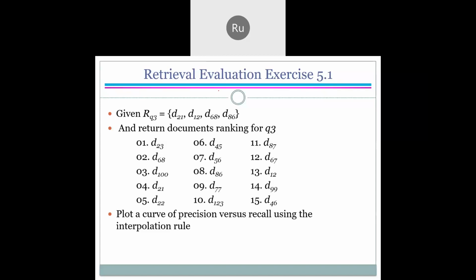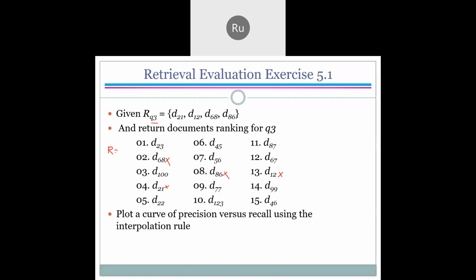So let's suppose we have a Q3 here, and we have 4 relevant documents here. This one, and then we have 12, and we have 68, and we have 86. How do we plot this one? First, we need to find the recall here.